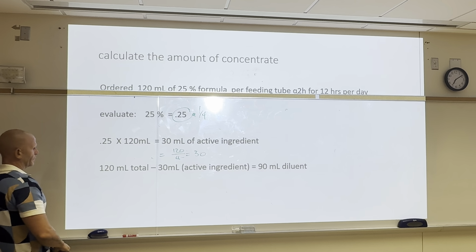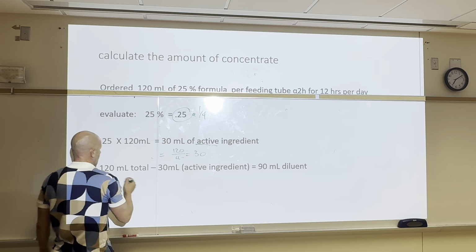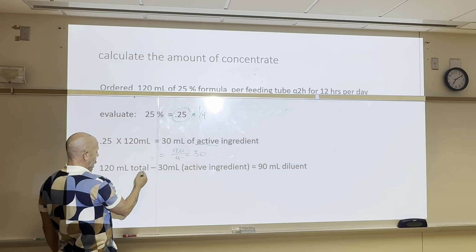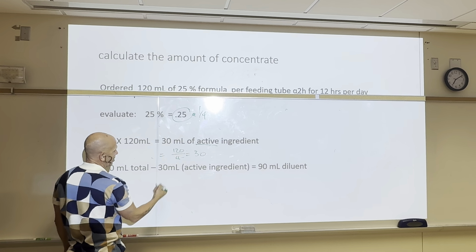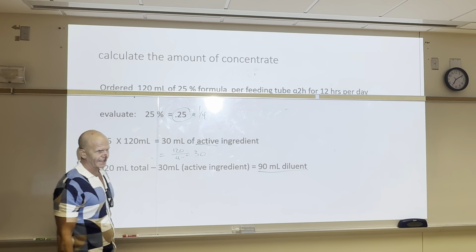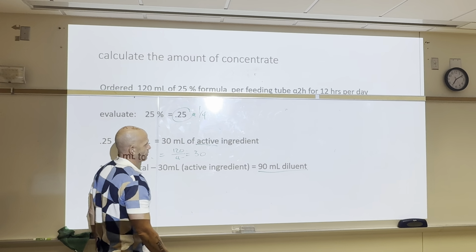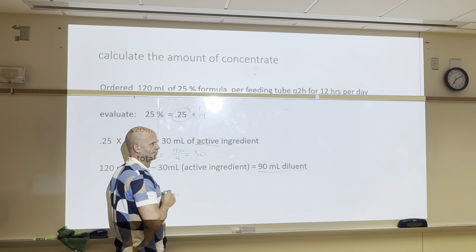And now we have to look for the 120 mL. We know that 30 is active, right? Well, we take the total 120 minus 30 of active ingredient equals 90 mL diluent. Well, how much is inactive? Remember what's on the left and what's on the right.